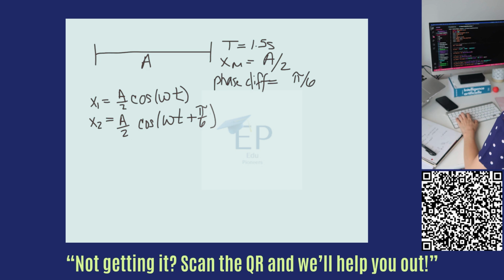So for one thing, we know that we can take omega and actually replace omega with 2 pi f. And while we don't have the frequency from this problem, we can also write frequency in terms of period, because period is 1 divided by frequency, or we could say frequency is 1 divided by the period.